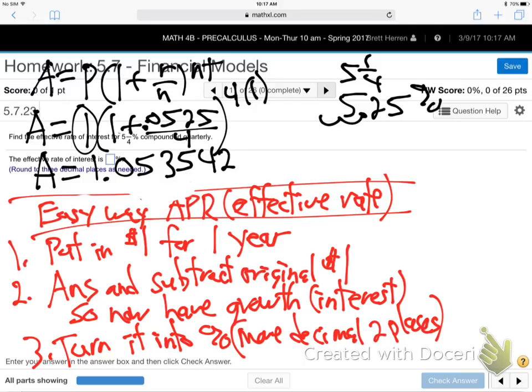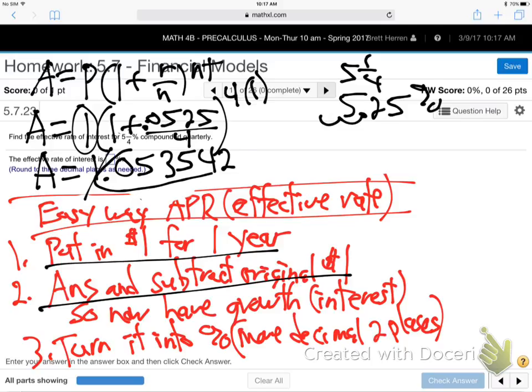So here's put in $1 for 1 year. Take the answer and subtract the original dollar. So just get rid of that dollar, because that dollar was the original dollar that grew to become $1 and some change. All I care about is the change, the 0.053542. That's the growth.